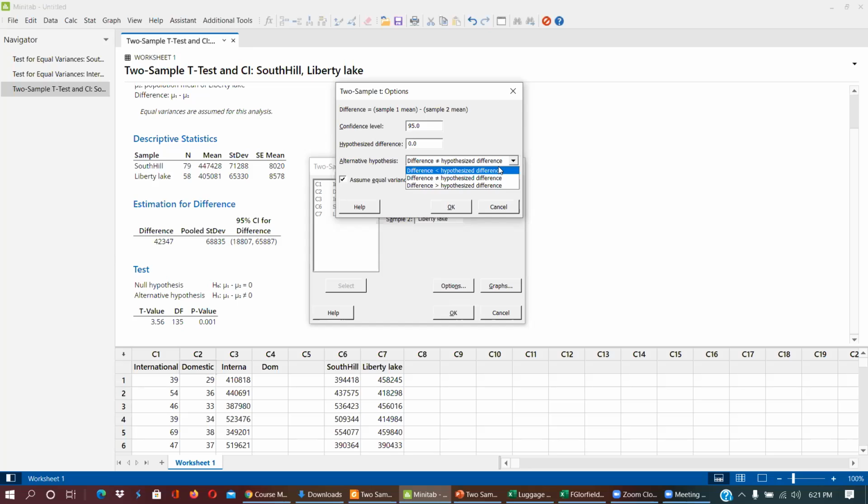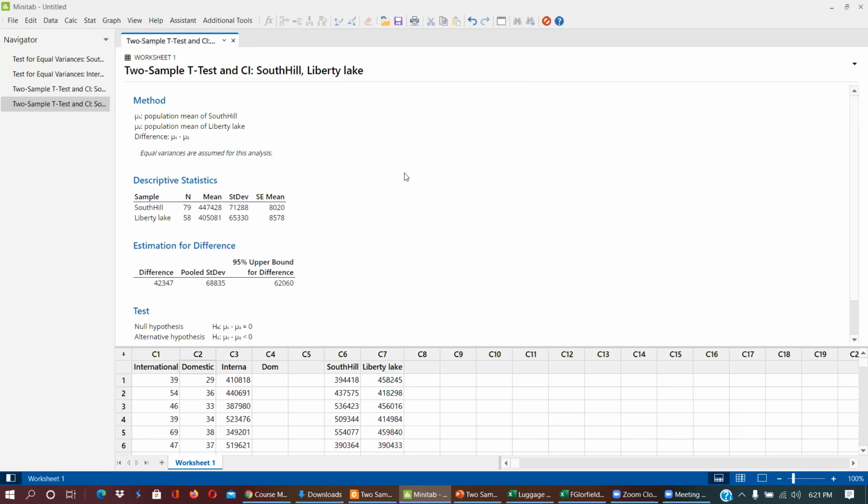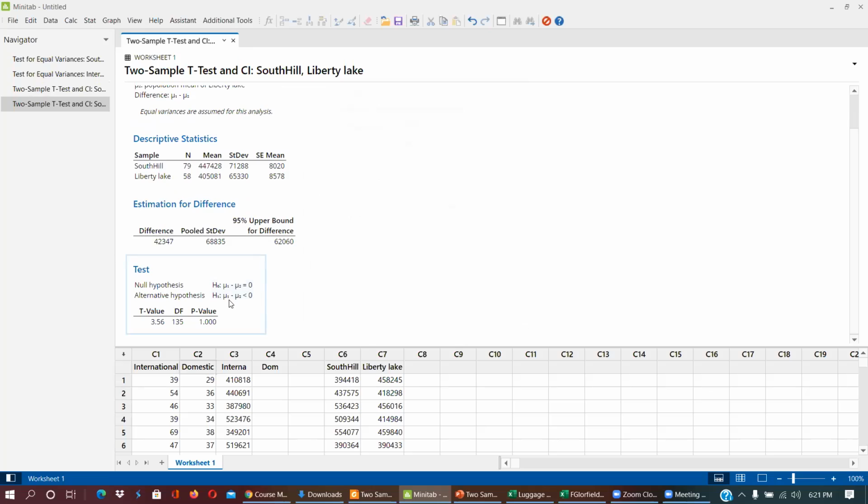This hypothesis is going to demonstrate whether South Hill is higher or not. So here this is 0 and this is less than 0. That means the alternative says Liberty Lake is higher.